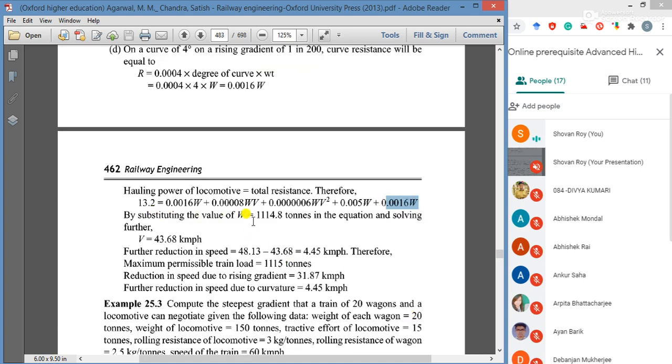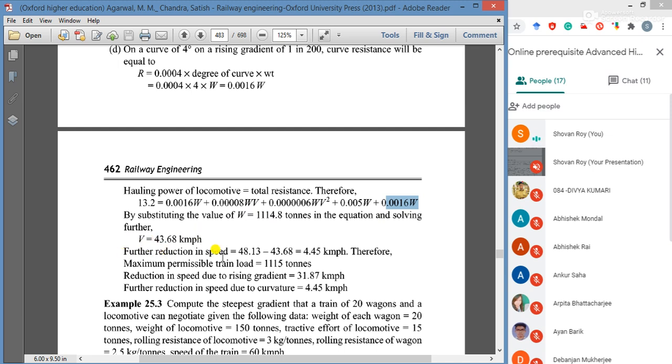By substituting the value of W, which is known to us, 114.8 tons, in the equation and solving further, after introducing the curvature, the V value is 43.68 km per hour.